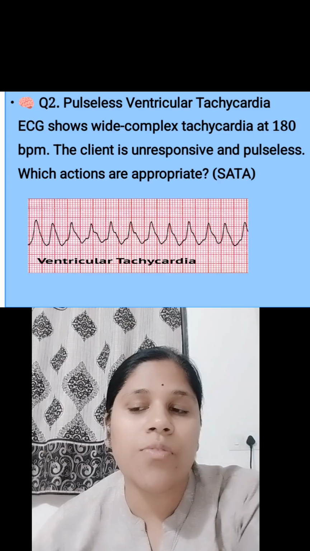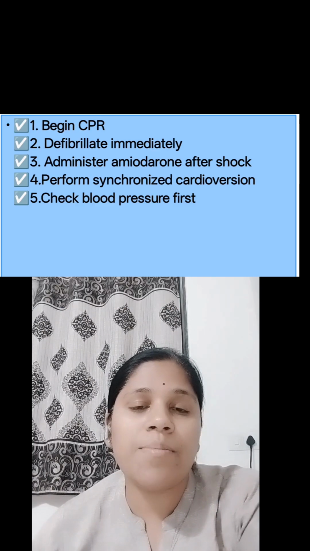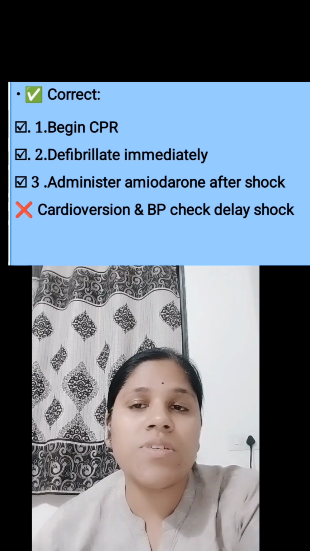It is a SATA type of question. This ECG shows ventricular tachycardia with a heart rate of 180 beats per minute. The options are: begin CPR, defibrillate immediately, administer amiodarone after shock, perform synchronized cardioversion, and check the blood pressure first. The correct options here are 1, 2 and 3.